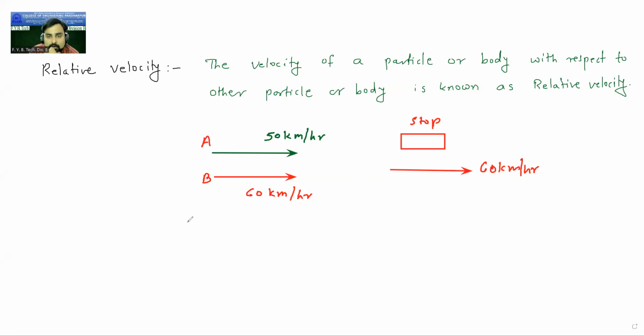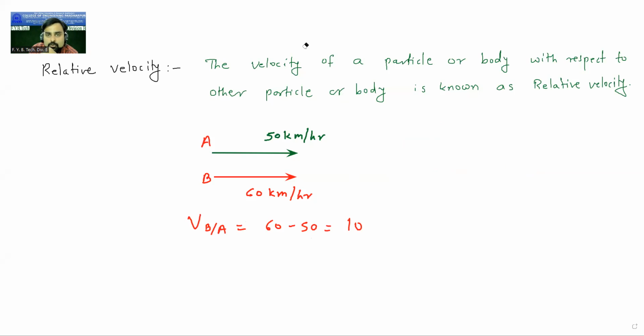So here the velocity of B with respect to A is 60 minus 50, which is equal to 10. Now suppose the reverse case: two vehicles are moving, one with a speed of 50 km per hour in this direction, and the second in the opposite direction with a speed of 60 km per hour.